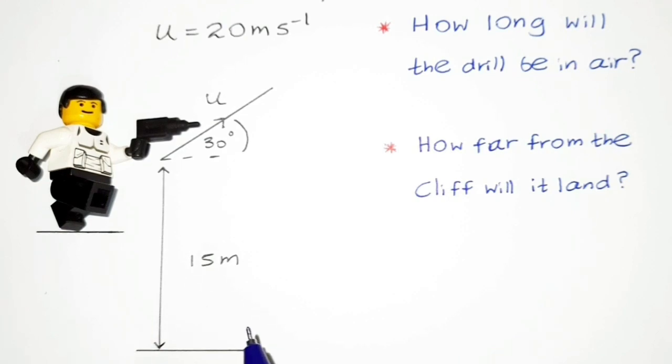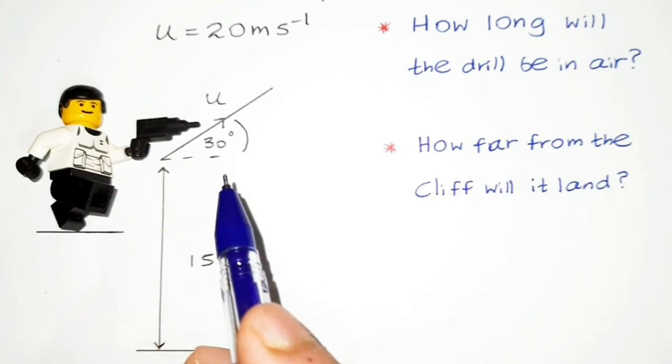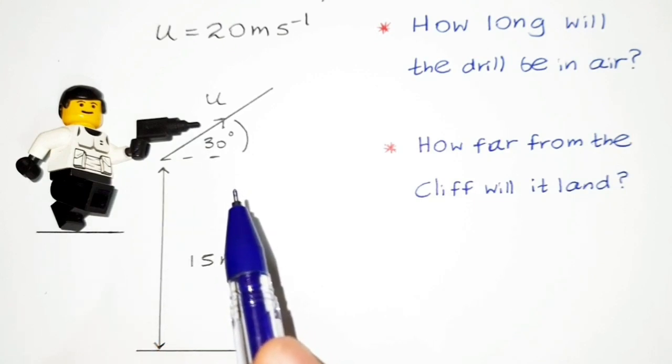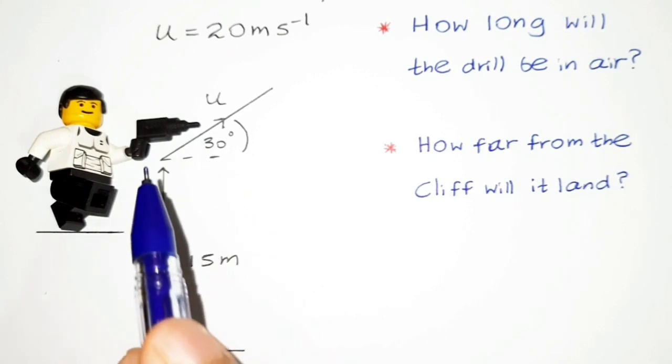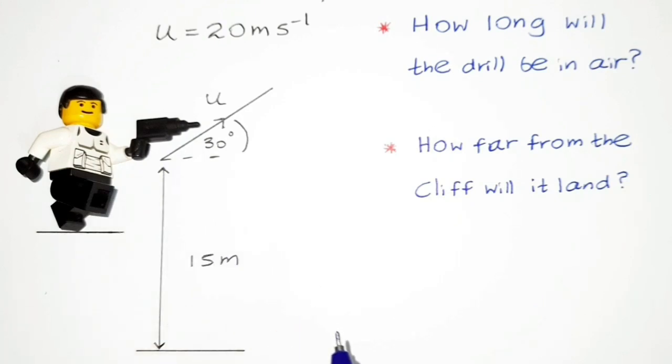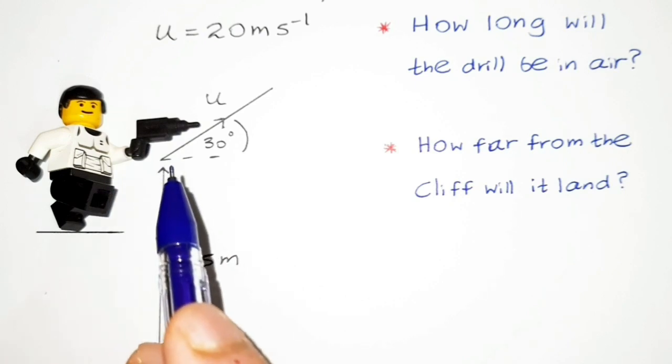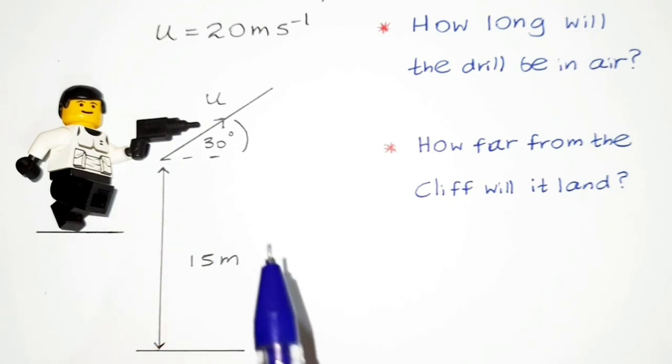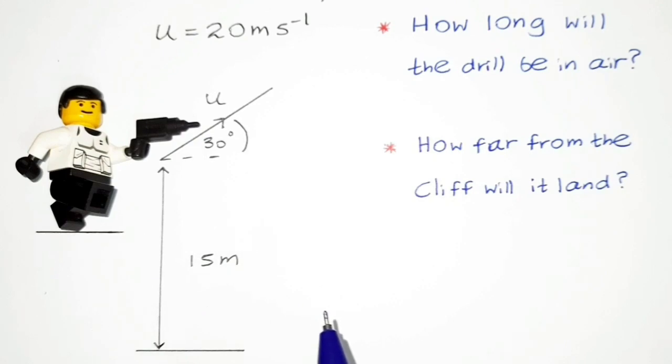It is independent of the horizontal velocity, whether it is 0 or a large number. The distance from the initial position of the drill to the final position where it lands depends on the horizontal velocity. The time in air also depends on this factor. Once it hits the ground, it cannot travel any further in a projectile motion.